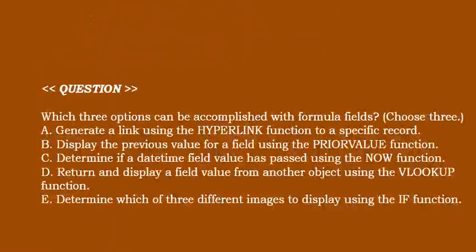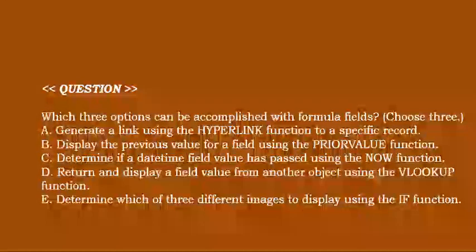Next question is, which three options can be accomplished with a formula field? Choose three options. Option A. Generate a link using the HYPERLINK function to a specific record. Option B. Display the previous value for a field using the PRIORVALUE function.